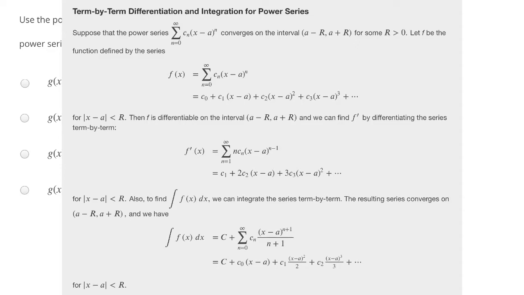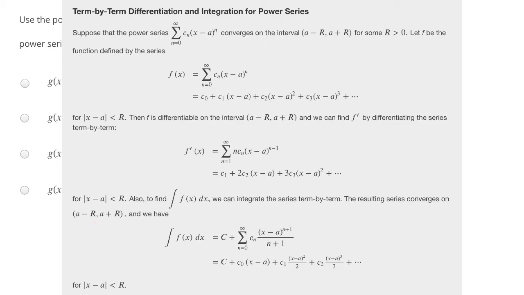Likewise, in that same notion, we are able to take that power series and integrate term by term. So we can just use our power rule for integration, and that will also give us a new representation of the integral of f of x. And just like with the differentiation, we do not lose any values.